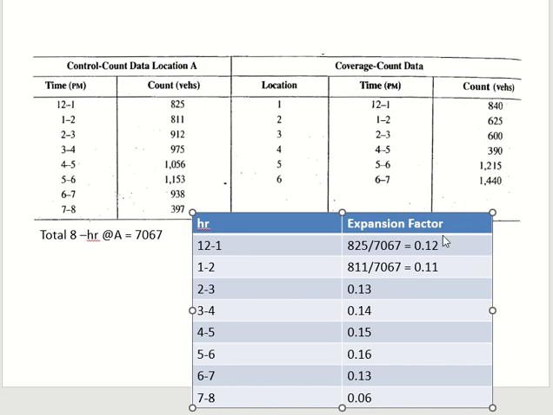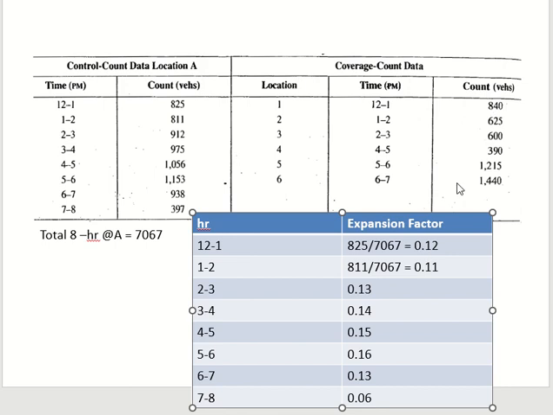Now I calculate expansion factors to calculate the 8-hour count. What do I have on the other locations? On the other locations, I have the hourly count and I want to convert it to the total. These are proportions of the total, right? So you have the proportion and you have the count and you want the total. If you had the total and you wanted the hourly count, you would multiply with the proportion, right?